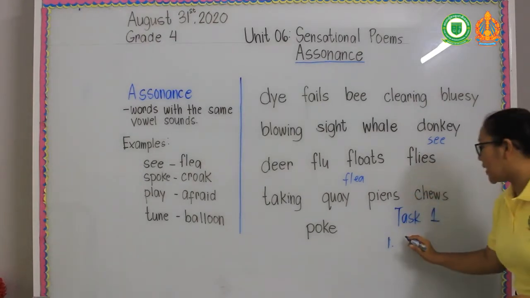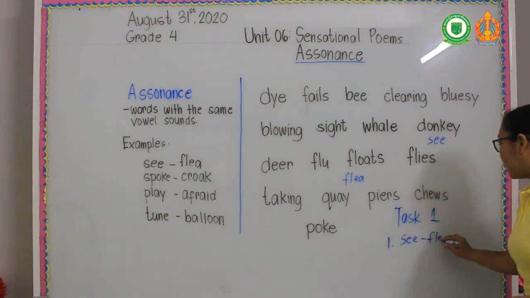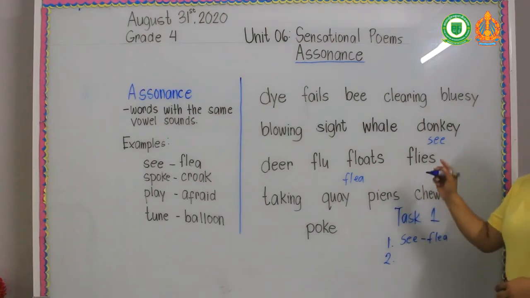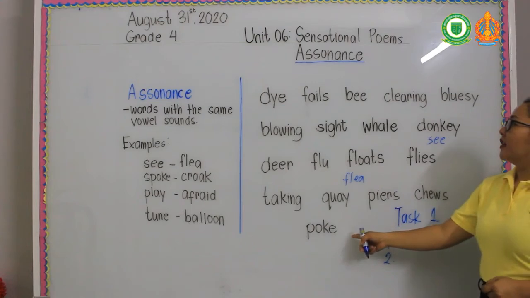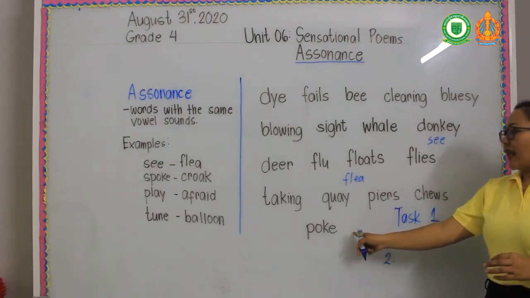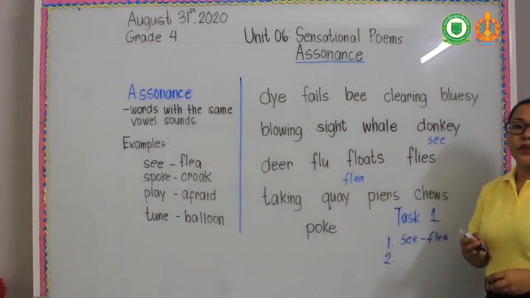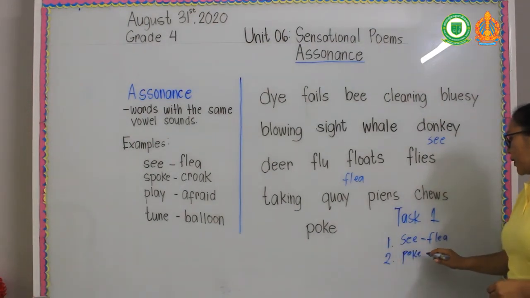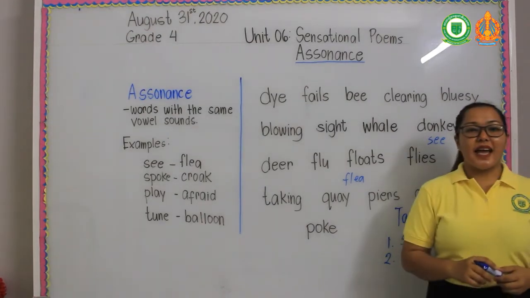For example, see and flee. They have the same vowel sound. Number 2. What else? Poke. Which word has the same vowel sound as the word poke? So you have to look for the word with the same vowel sound and you write it here, okay? And so on and so forth, right? So that's for task 1.